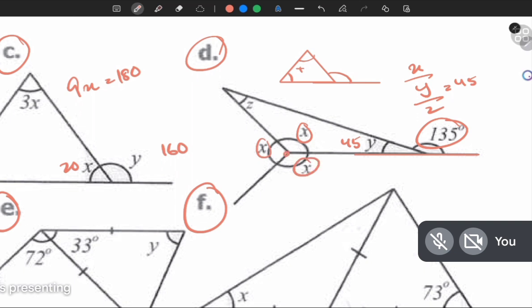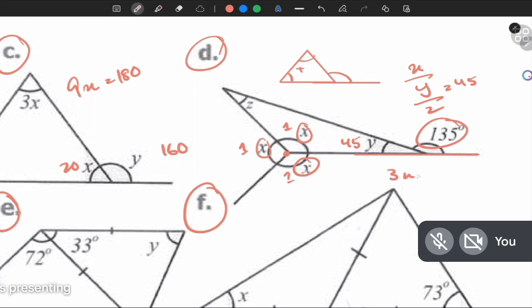At a point, what will that mean? What happens when we add them? We get 360. So 1 plus 1 plus 1 is how many? 3. Right?